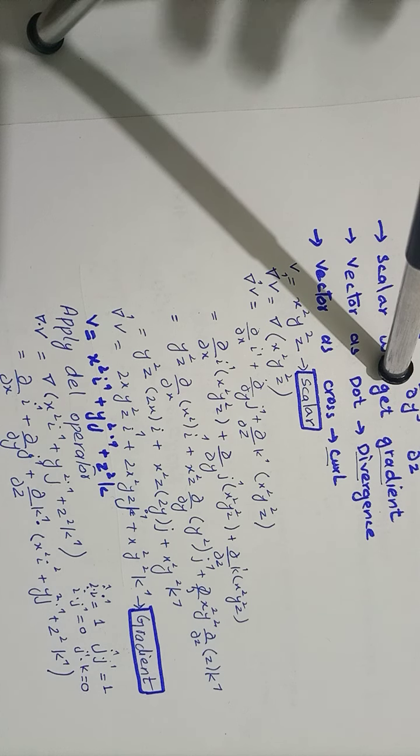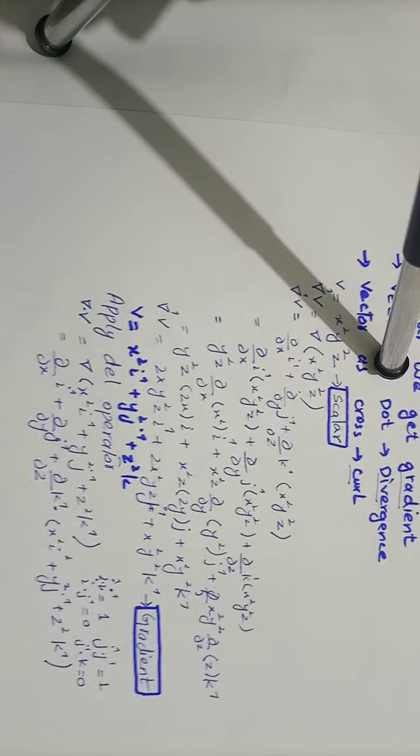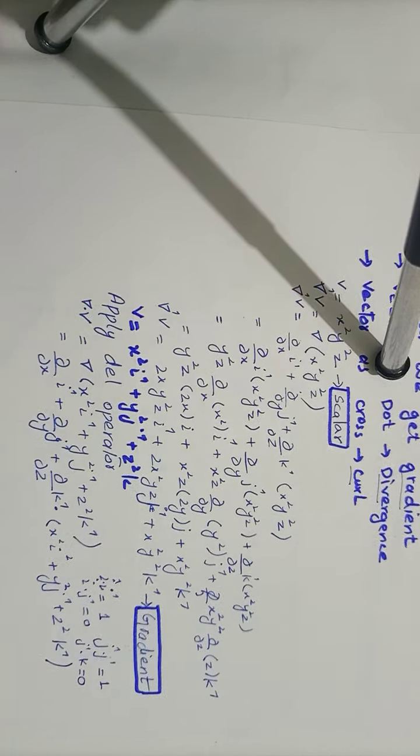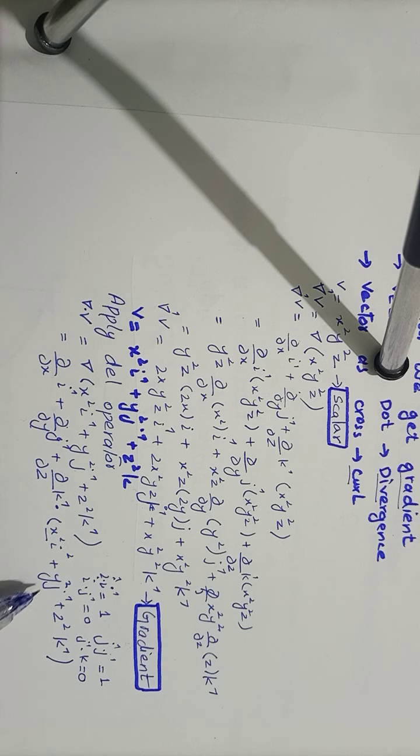So we just take the dot product of partial over partial x with x squared, partial over partial y with y squared, and partial over partial z with z squared. Because when we take partial over partial x i with y squared j, i dot j is equal to 0, and when we take partial over partial y j with z squared k, j dot k is equal to 0.